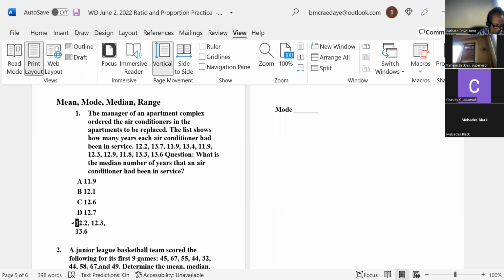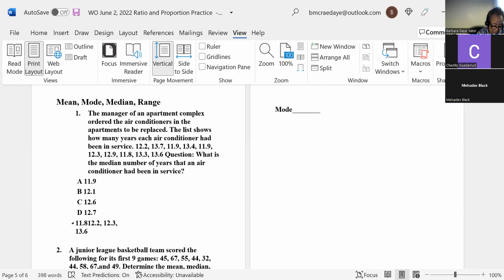Yes, 11.8. That's the first. Once you select it, you could put a check on the 11.8. Then there are two 11.9s, so we put 11.9, and then there's another 11.9. Okay, did that take care of all your 11-point items?